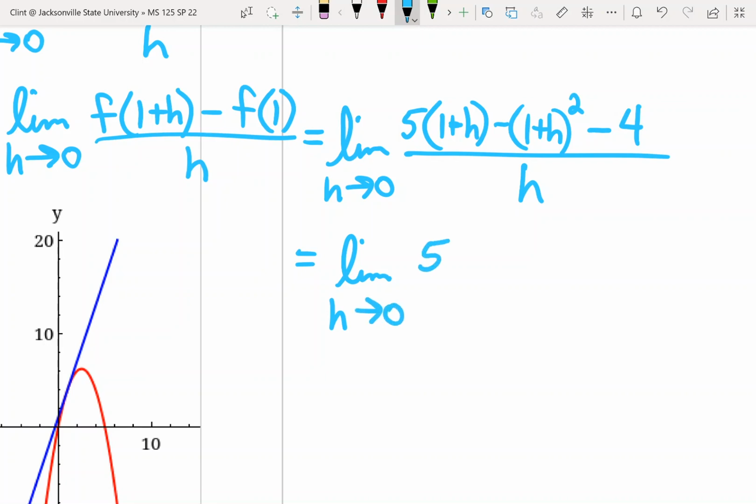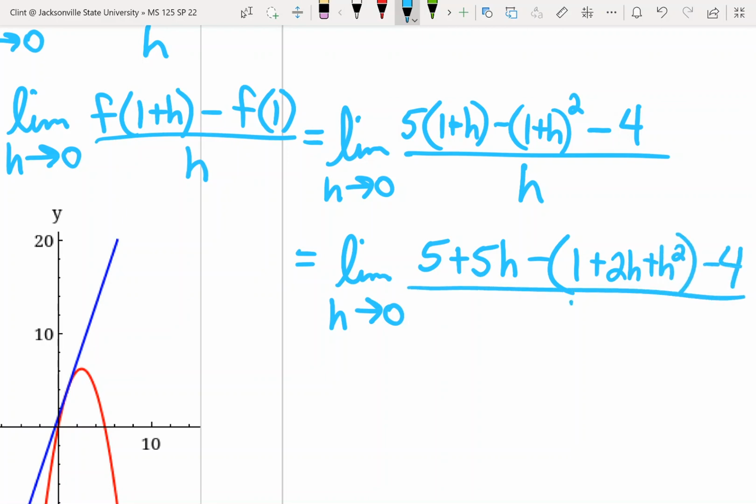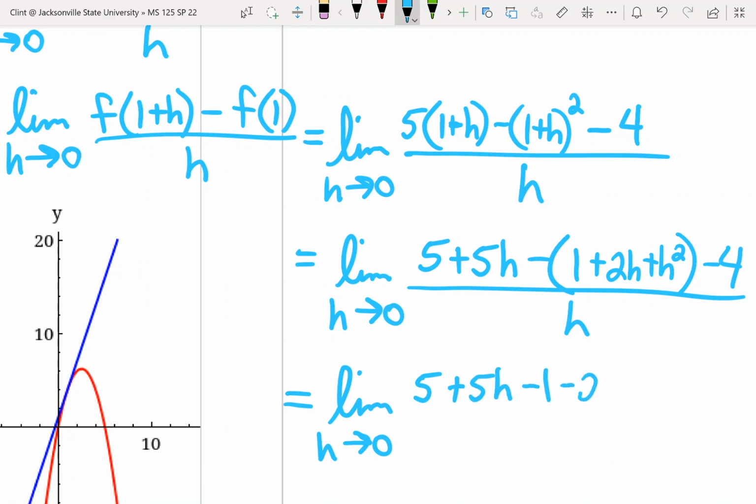Okay, so let's see, this 5 plus 5h minus (1 plus 2h plus h squared) minus 4. Be careful with the signs.